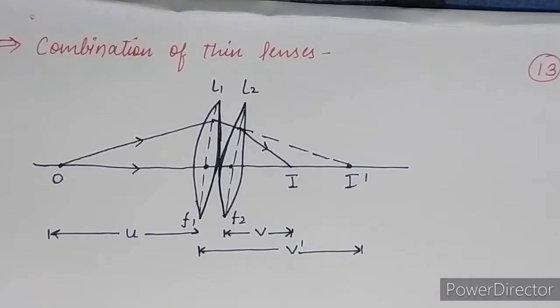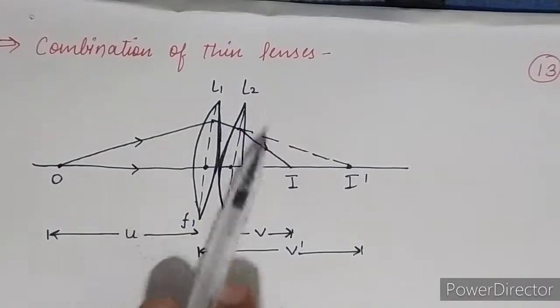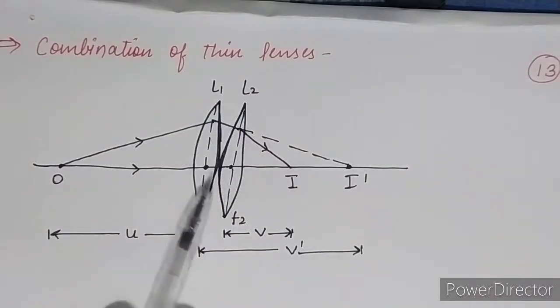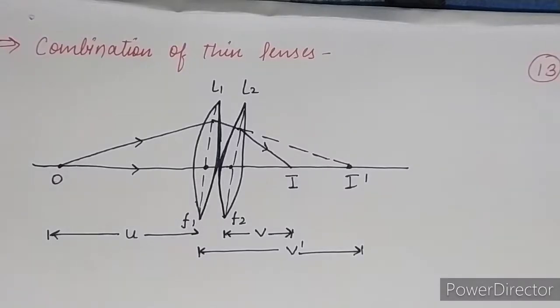While understanding this concept, you first have to understand that when two thin lenses are kept in contact with each other, these lenses behave like a single lens.